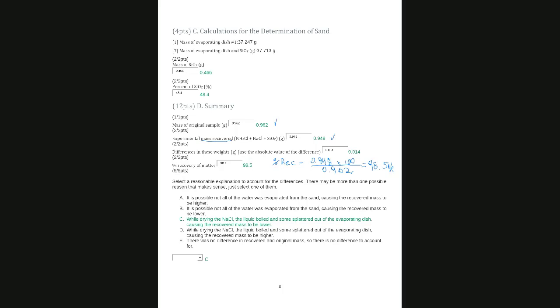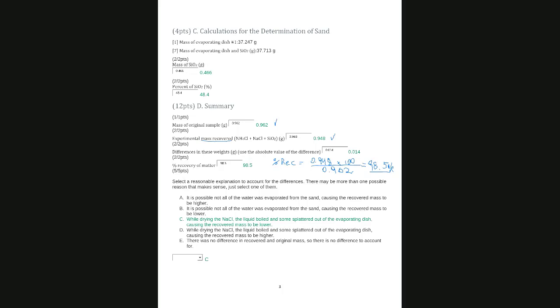In my case, because I have less than 100%, they are asking, select a reasonable explanation to account for the differences. There may be more than one possible reason that makes sense. Just select one.